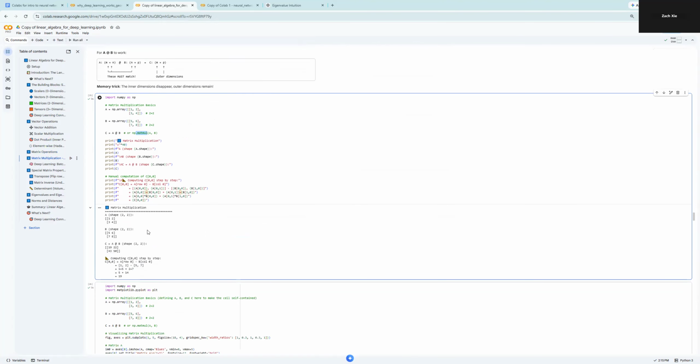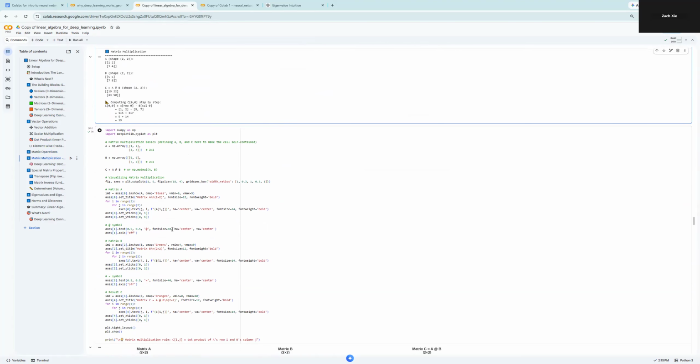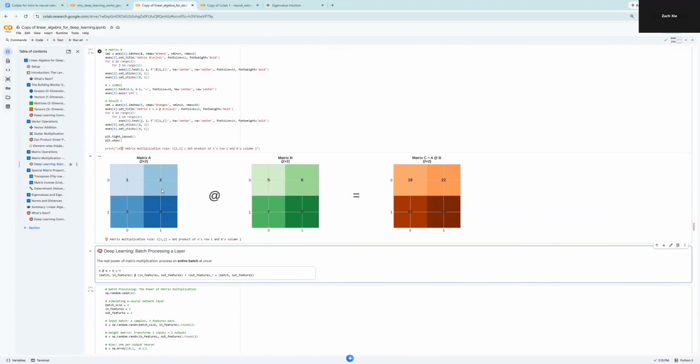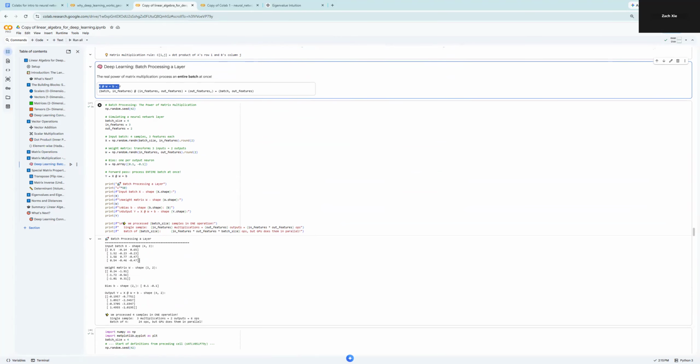The important thing is the inner dimension should match. But what's more important when it comes to deep learning is that you can batch process a layer. This thing is really powerful. It gives you this nice feature where you can accelerate processing time.